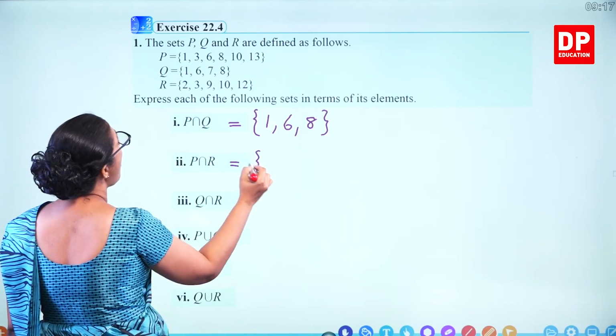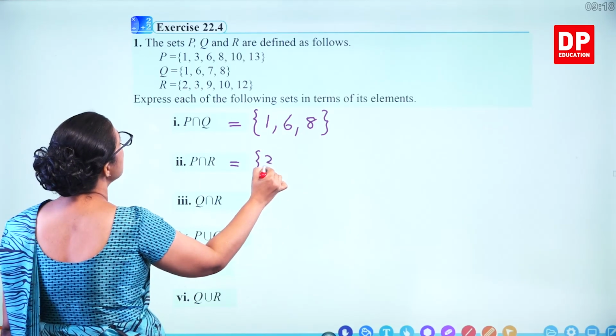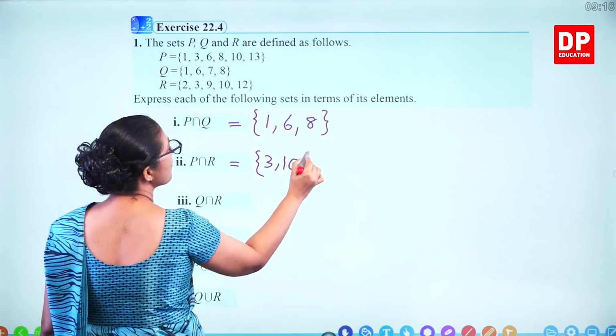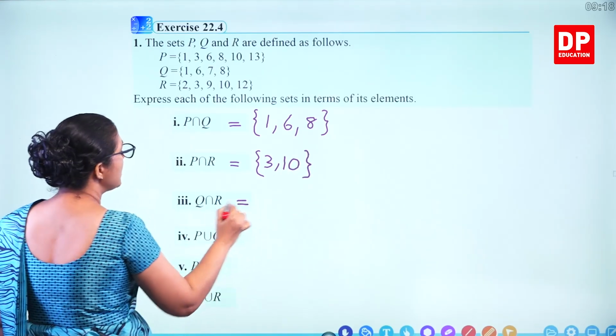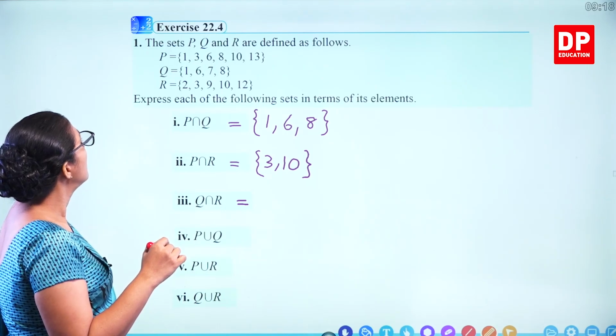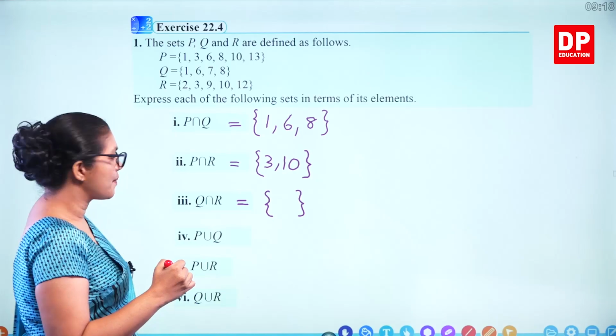P intersection R. P and R. Common terms. 3, 10. Q intersection R. Q and R. Nothing common. So empty set or null set.